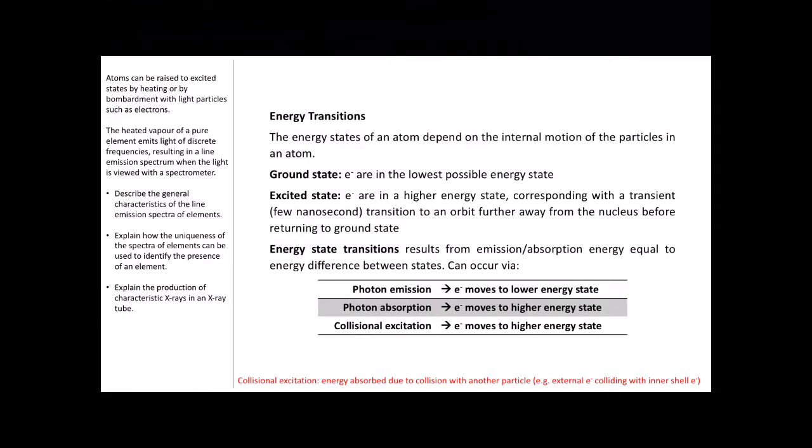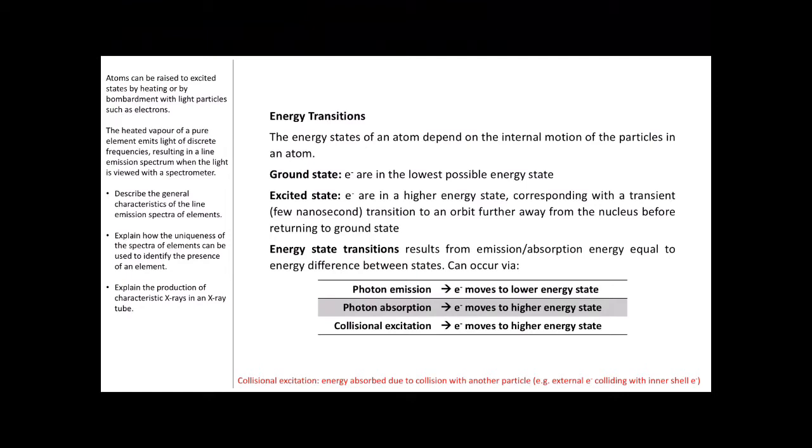So now we'll look at energy transitions. The energy states of an atom depend on the internal motion of the particles in an atom. When an atom is in a ground state, this means that all of its electrons are in the lowest possible energy state, so there's no excess energy.